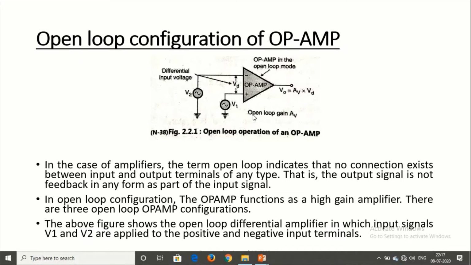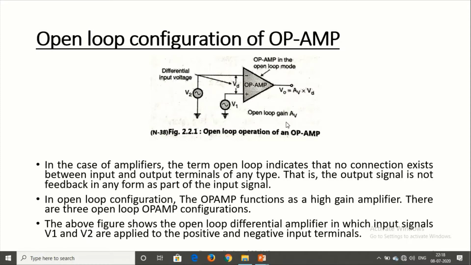V1 is applied at the plus terminal, the non-inverting terminal, and V2 is applied at the minus terminal, the inverting terminal. The differential signal between the two input signals is Vd, and Vd can be written as V1 minus V2, the difference of these two signals. The open loop gain of the op-amp is denoted as AV.